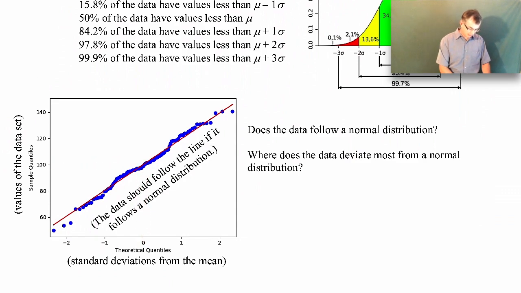So anyway, it plots what fraction of the data lies below our quantiles for the samples, against what fraction lies below from the actual theoretical distribution. And it should follow a line on here. So you can see our actual data is pretty close to that line. It's not perfect, but it's pretty close.